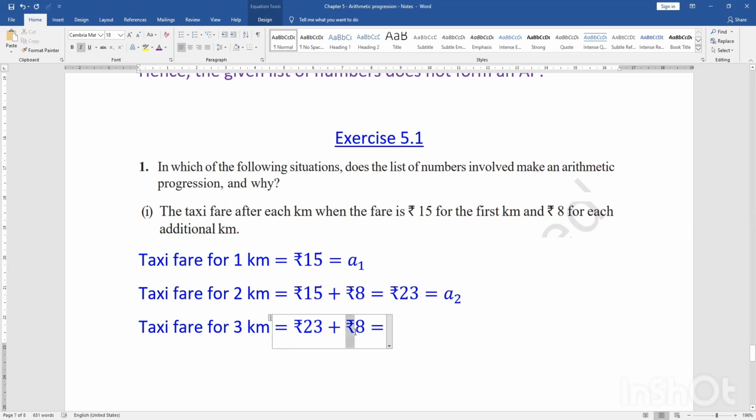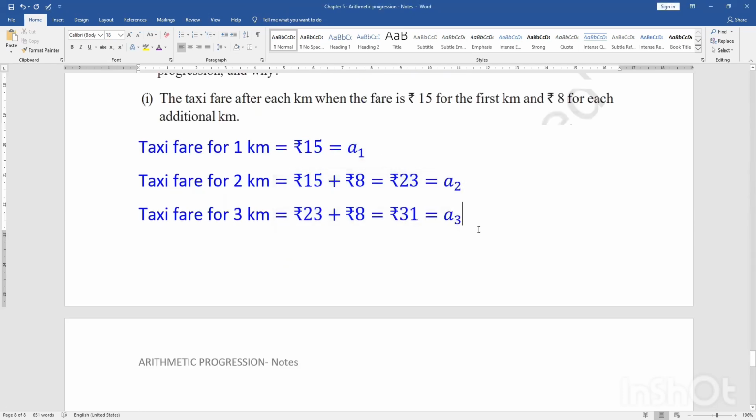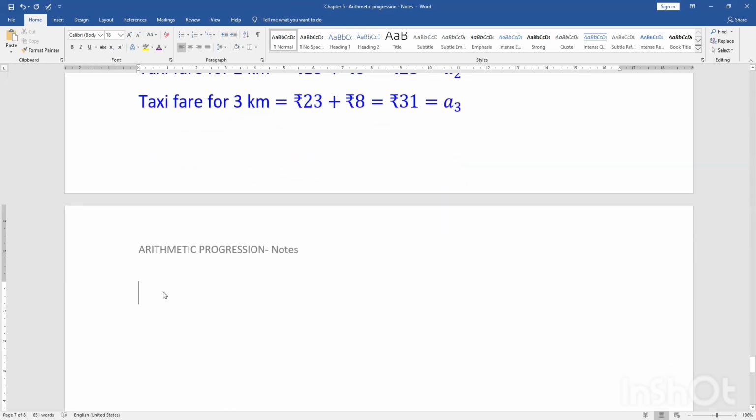So write that rupees 31, which is the third term, A3. Now, after this, we need to check whether the numbers formed are in AP or not. For that reason, we are going to find out.